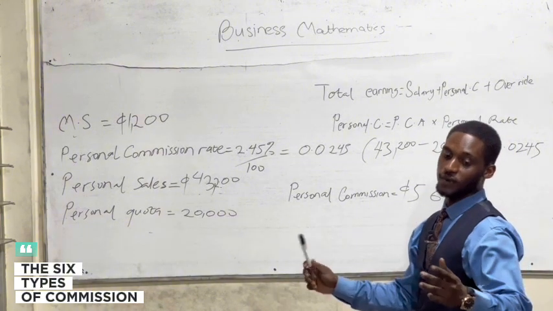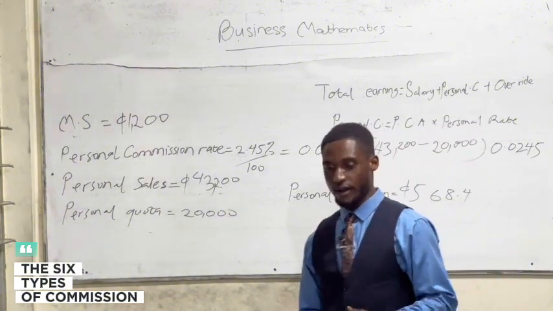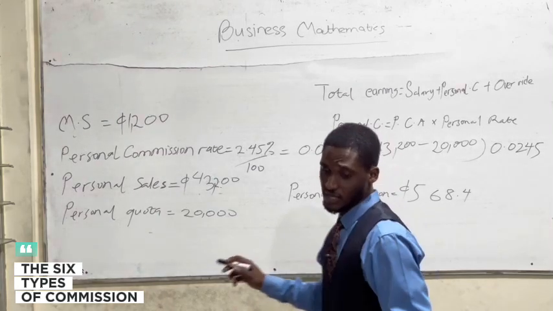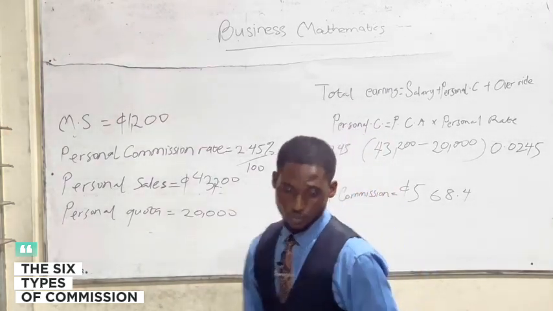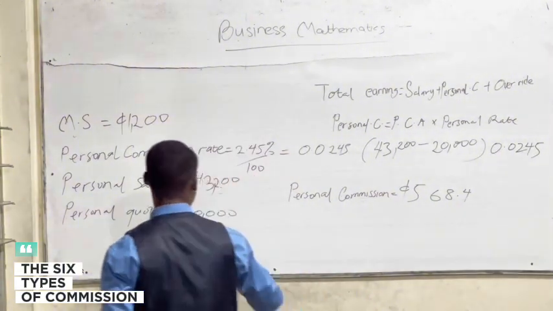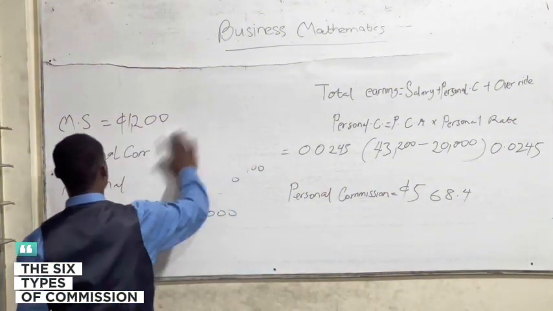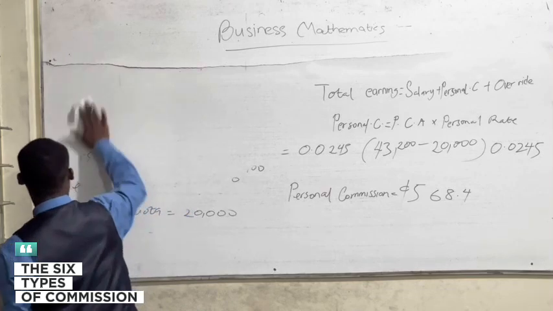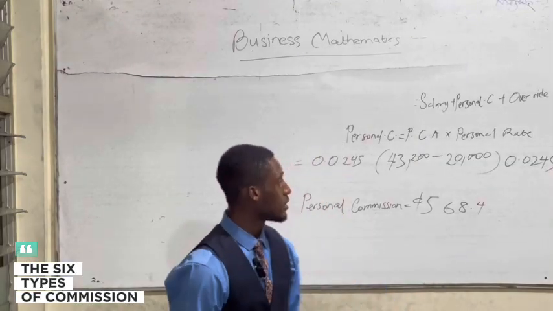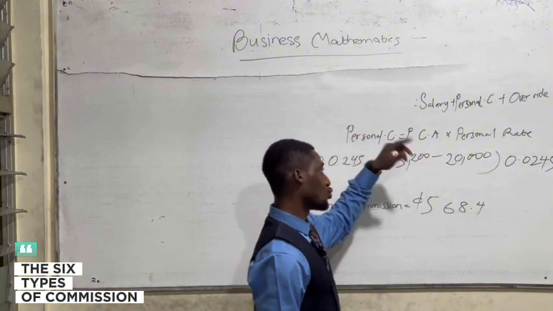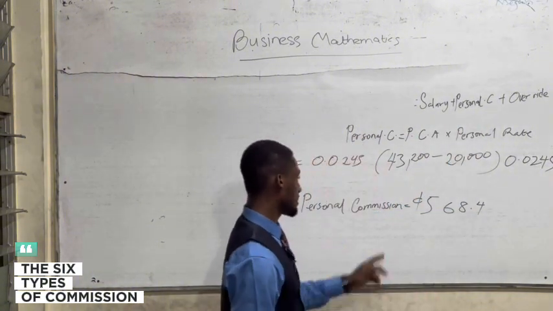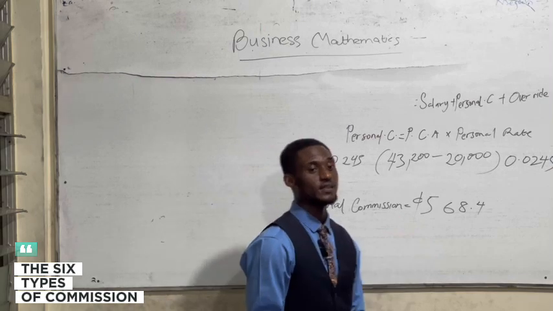How then do we find our override? So now we move on to our override in order to make our total earning formula complete, because we now have our personal commission and also we have the salary.